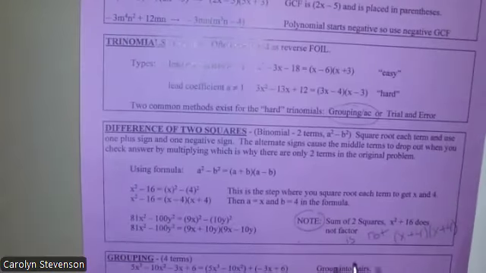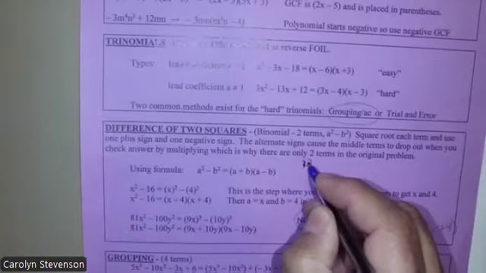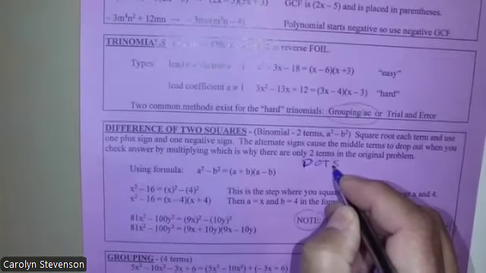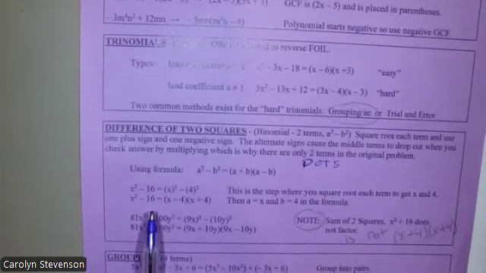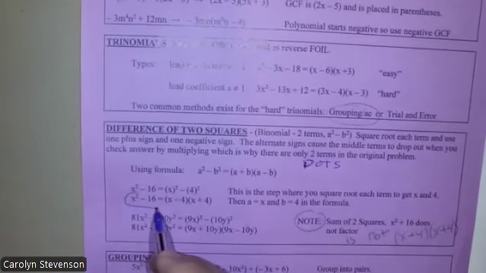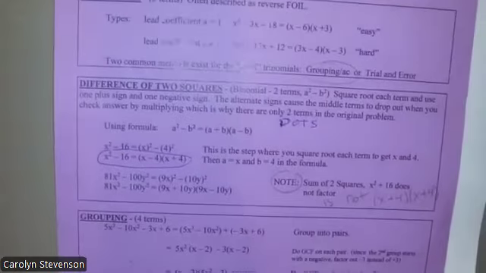We did difference of 2 squares. The abbreviation for that is DOTS. That's for 2 terms. So if we have something like x squared minus 16, it's simply x plus 4, x minus 4.